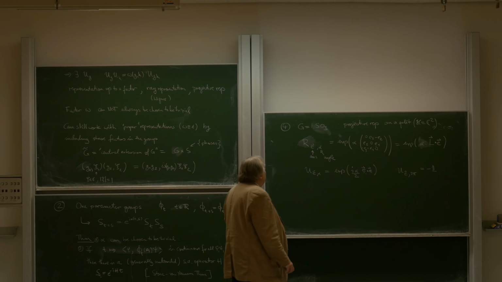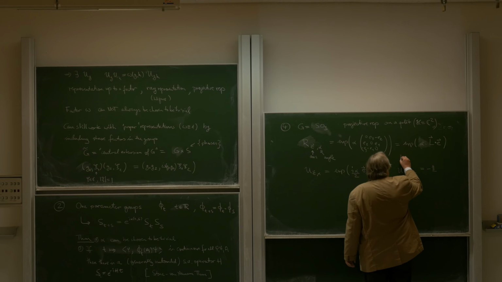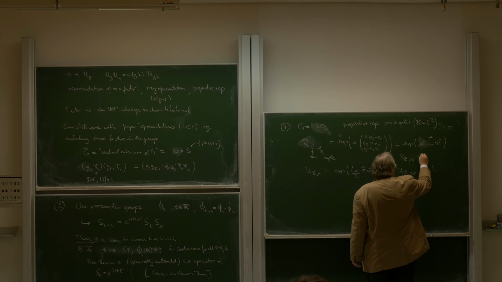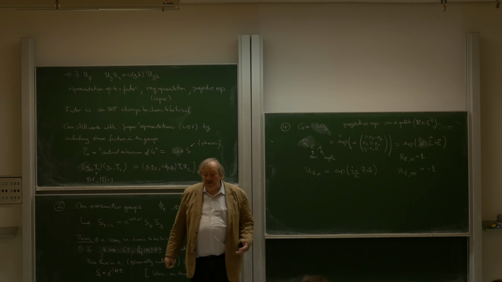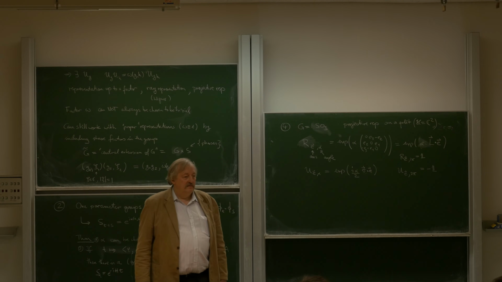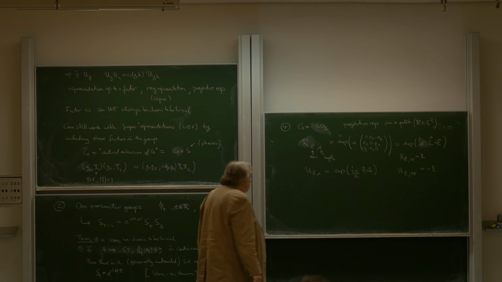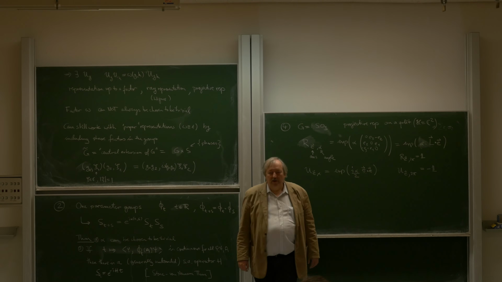In one sense this is bad, because obviously the rotation around any axis by 2 pi is the identity. So your representation is not a representation, but a projective representation. You have a factor -1 here. And the same kind of ambiguity is, of course, present all over the group.